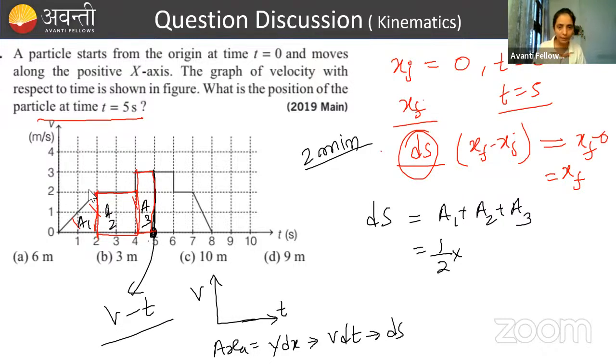Base is how much? 2. Height is how much? 2. This is this plus A2. This is the square. So its length is 2, height is 2. So that is 2 into 2 plus A3. A3 is this, right? Its height is how much? That is equal to 3. And its width is how much?